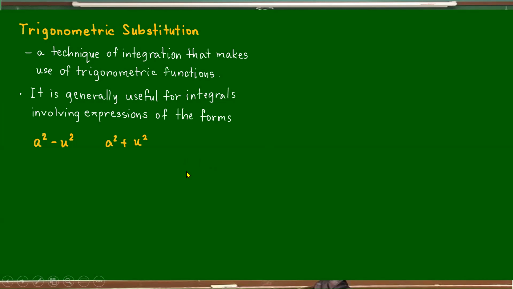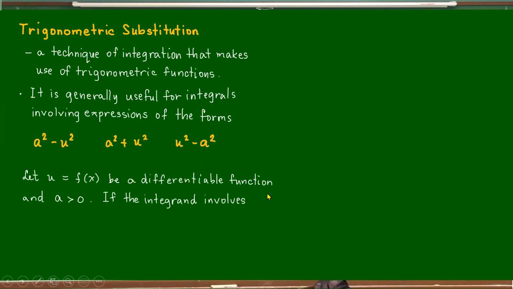Another possible expression is a squared plus u squared, and also u squared minus a squared. If you have any of these forms, it's possible that you will be able to solve it by trigonometric substitution.